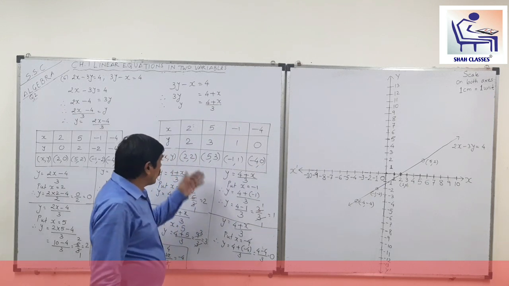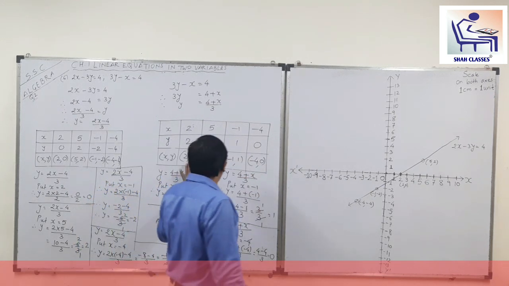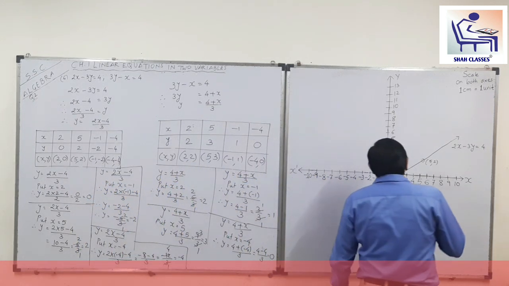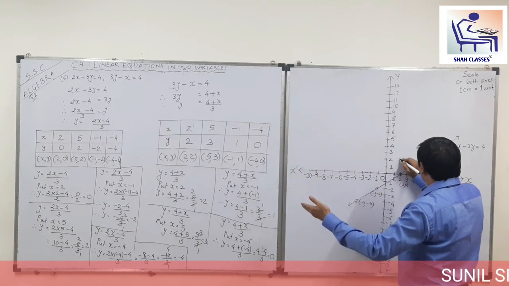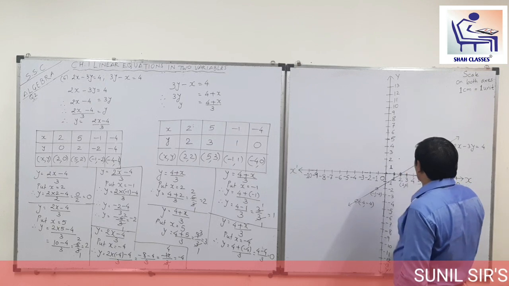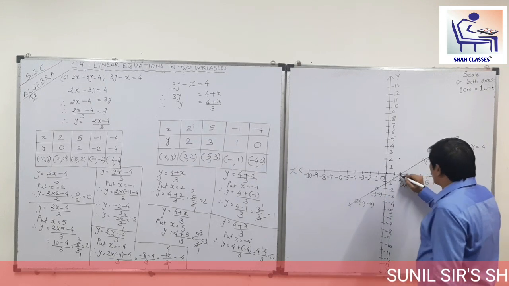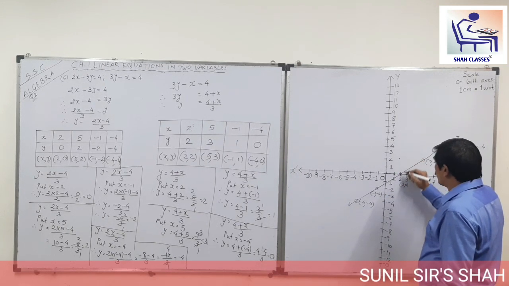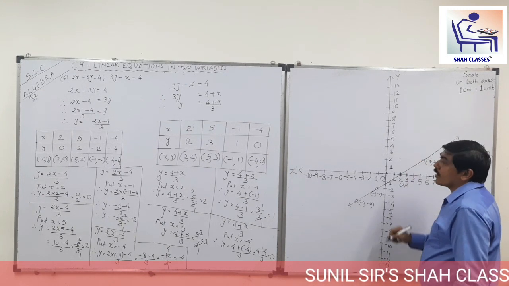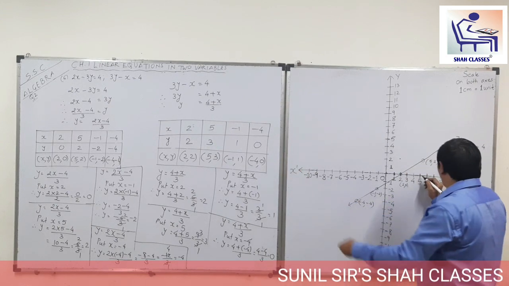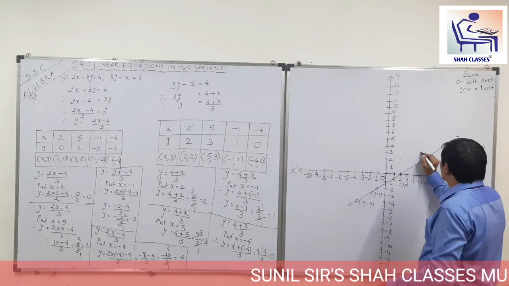Now we have to plot all these points on the graph paper. So your first point is 2 on the x-axis and 2 on the y-axis. So here we got the first point as 2 and 2. Now your second point 5 and 3.